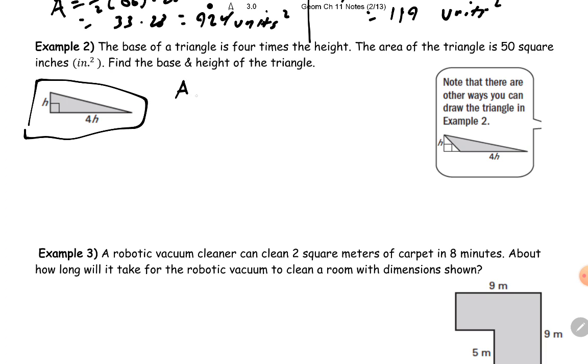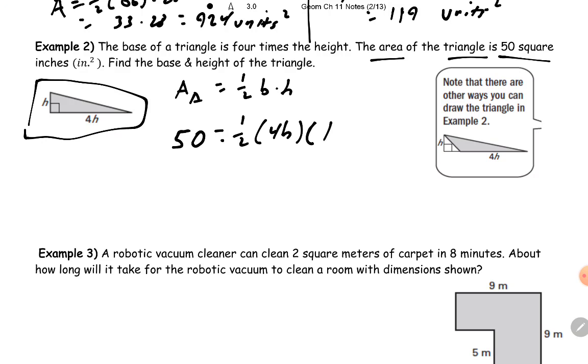Okay, we know that the area of a triangle is 1/2 the base times height. And they tell us that the area of the triangle is 50 square inches. So I'm going to put 50 here. And then 1/2 the base. The base is 4h.